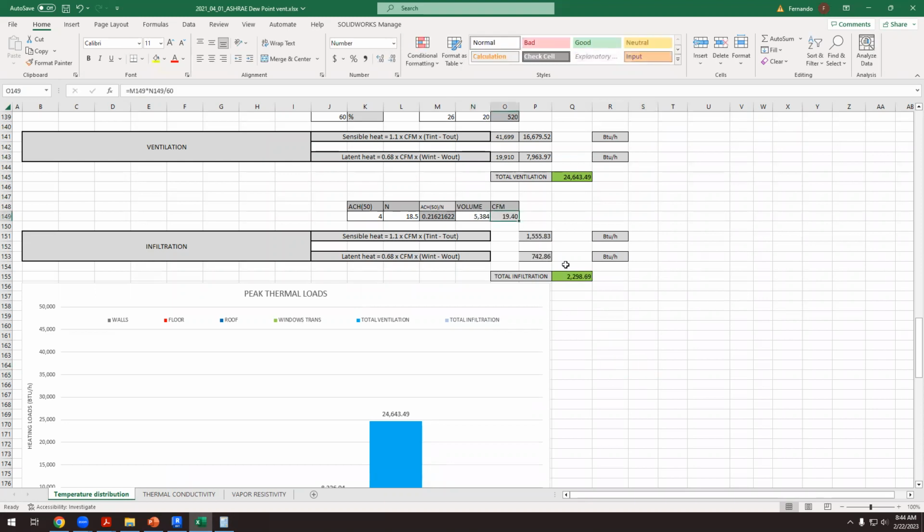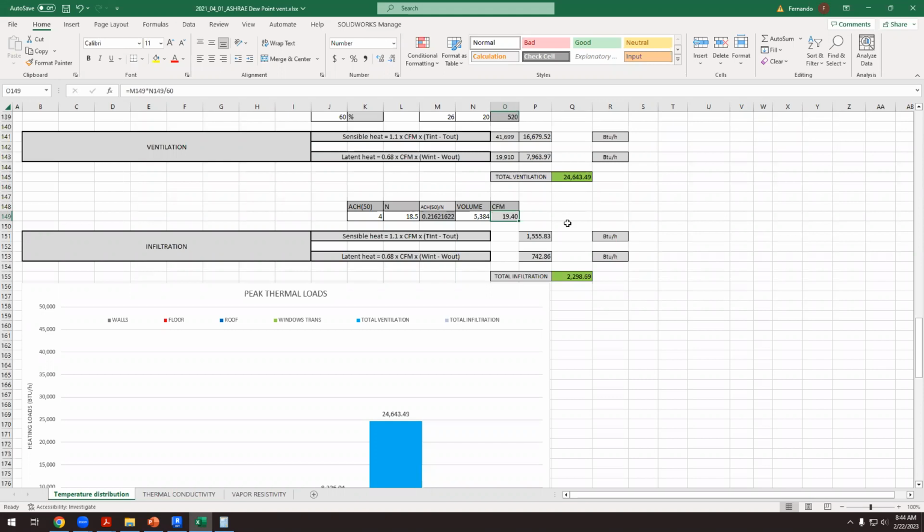And then we turn this value into CFM, cubic feet per minute. What does it mean? The volume of my building is 5,384.